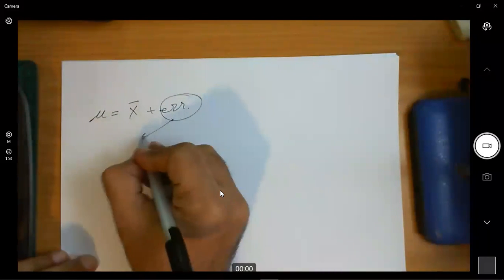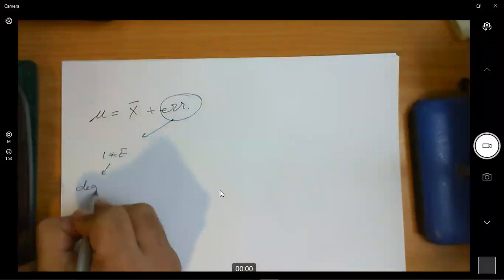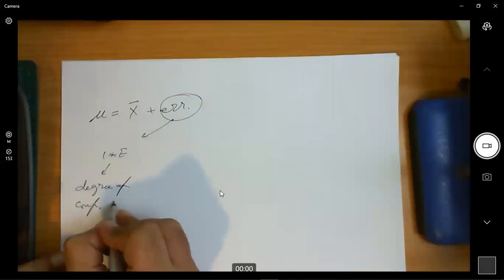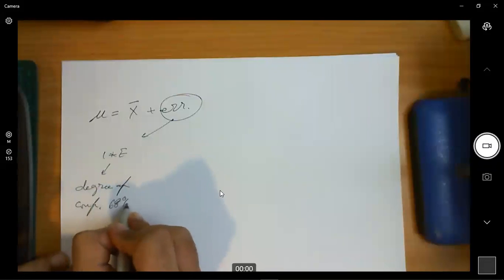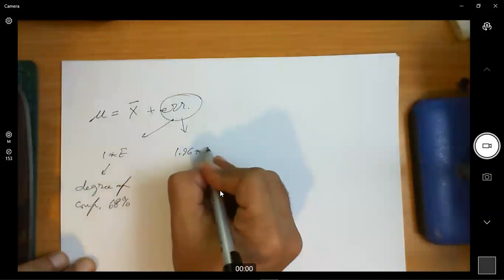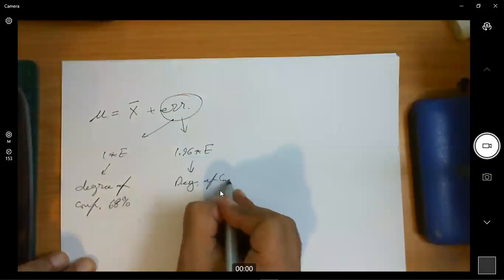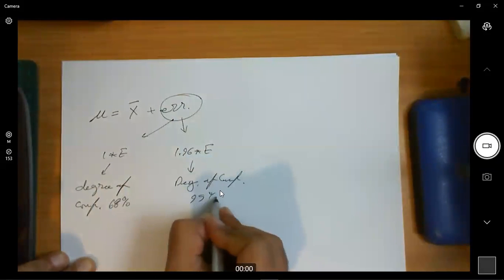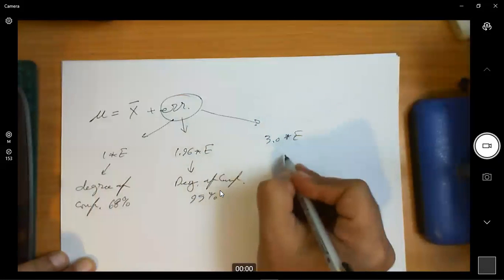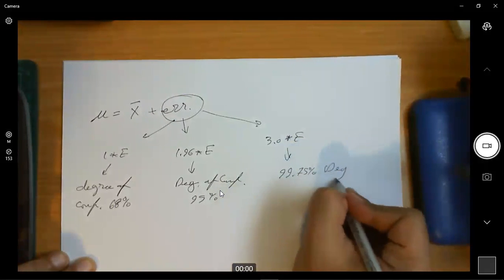The error can be 1 multiplied by E if the degree of confidence was 66 or 68%, or it can be 1.96 times E if the degree of confidence was 95%, or 3.0 multiplied by E for 99.75% degree of confidence.